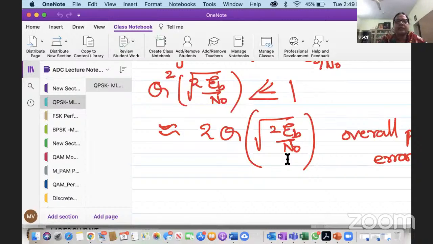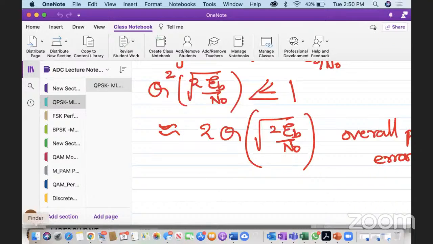Whether you use QAM, QPSK or BPSK, the modulation scheme's probability of error remains the same. What we changed is the transmission technology. Earlier we transported through a single carrier; now we are transporting through multi-carrier communication. I think I have answered your question.